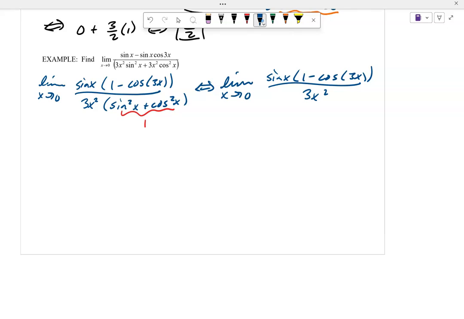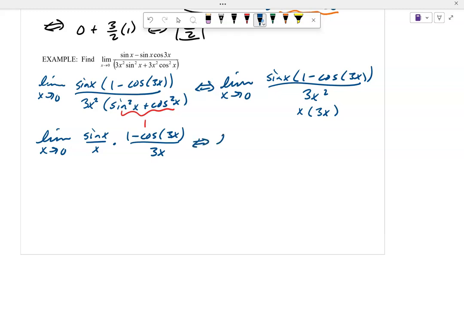Right? Now remember, 3x squared is x times 3x, right? So what I could do is write this as limit as x approaches 0 of sine x over x times 1 minus cosine 3x over 3x, so that I can see my special cases there. Now notice I'm multiplying this, so I can split this limit up, but they got to be multiplied.